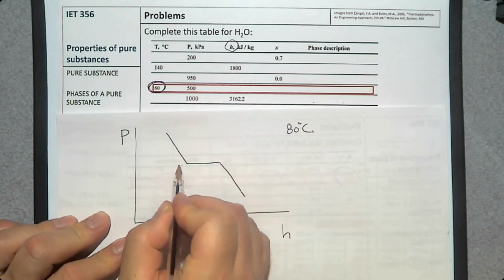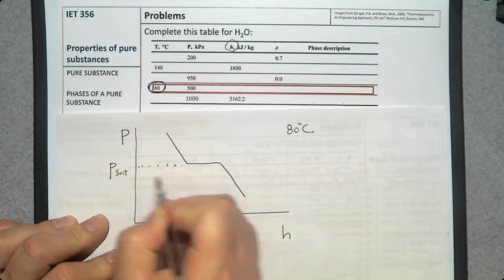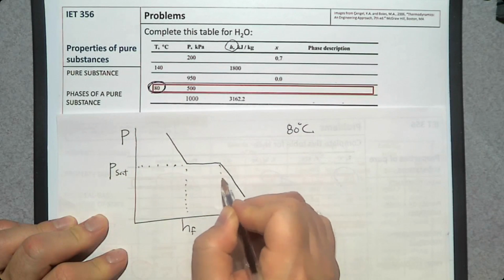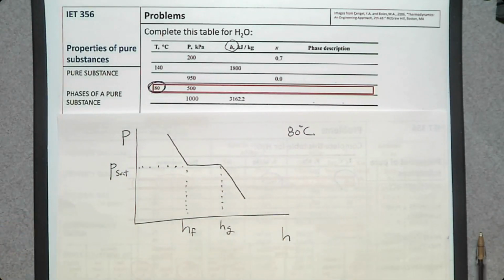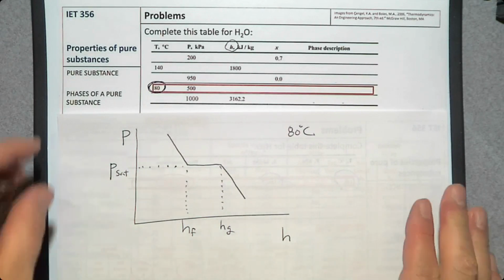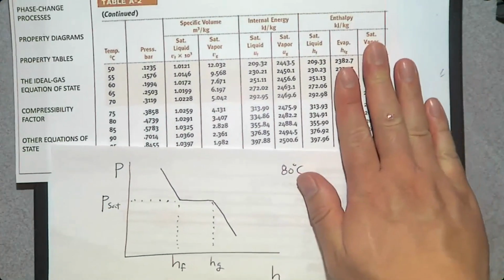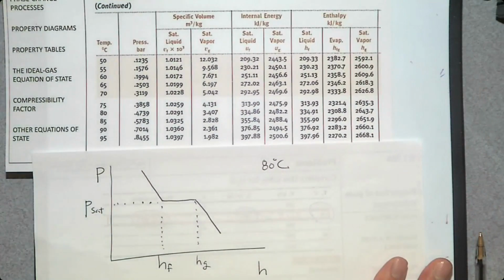To complete this Ph diagram, we need to know P sat, hf, hg. Then where can we find P sat, hf, hg? From this property table, table A2, the temperature table.